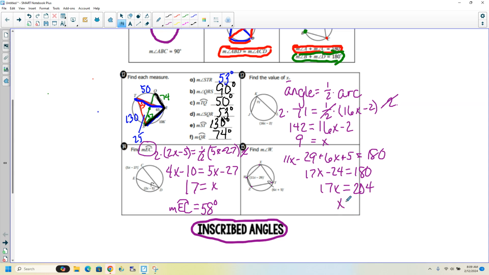Divide by 17, and I find out that x equals 12. A quick check, though, says we're not done. Need to put that in for angle W, which is the 11x minus 29. And when you do, you find out that the measure of angle W, put in the 12 right there, it's 103 degrees.